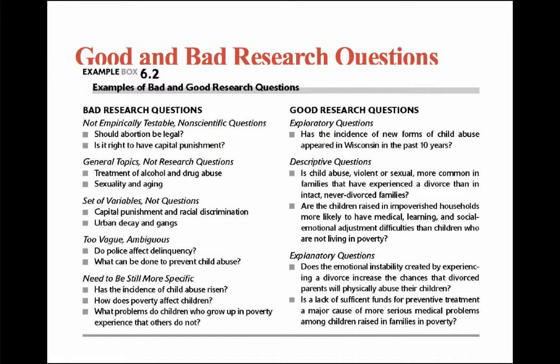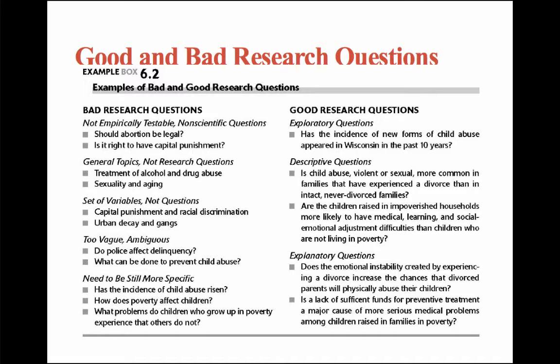If there's any doubt about what I'm talking about here, I would encourage you to look at that box 6.2. Especially now that you've had this chapter, I will start to grade you based on your research question being a good versus a bad research question.